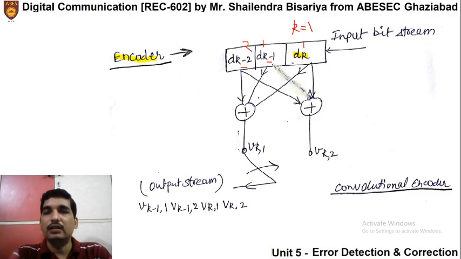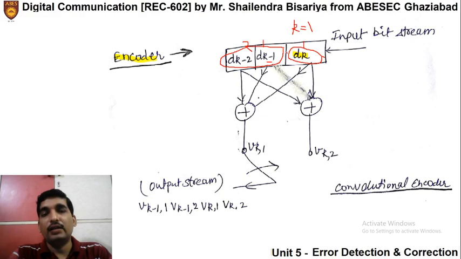In a generalized way, k message bits are stored in a shift register, and some previous L message bits are also here, which will take part in finding the output at different instants of time.